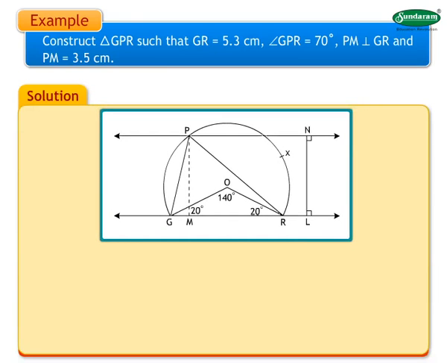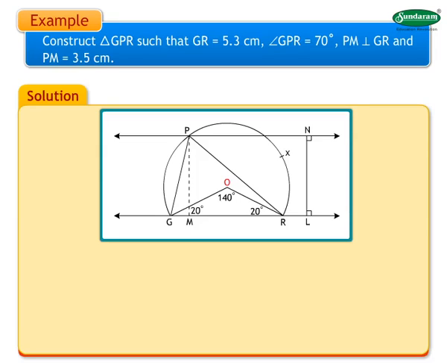Solution: we want to construct a triangle GPR such that angle GPR is equal to 70 degrees and GR is equal to 5.3 centimeters and altitude PM is equal to 3.5 centimeters.